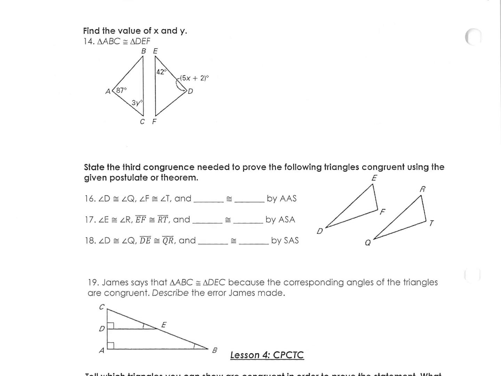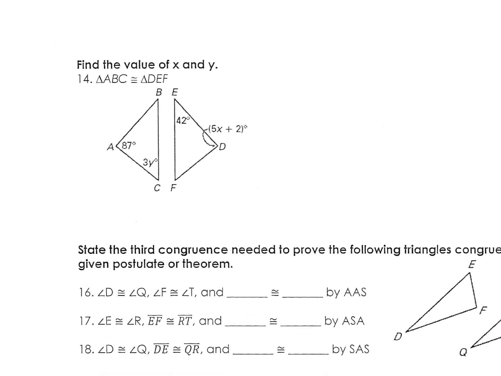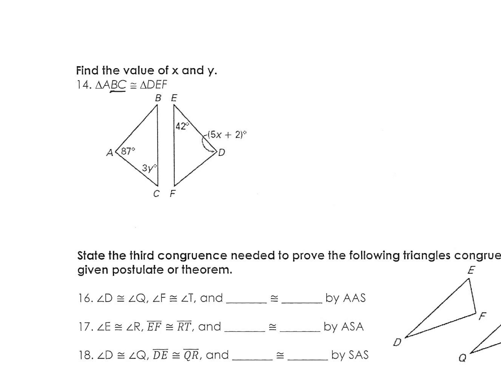Okay, number 14. So again, looking at what we know is equal, we know that B lines up with E. So if E is 42, so is B. And so I know that 42 plus 87 plus 3y has to be 180 from this triangle. When I solve there, I get 3y equals 51, and so y has to be 17.